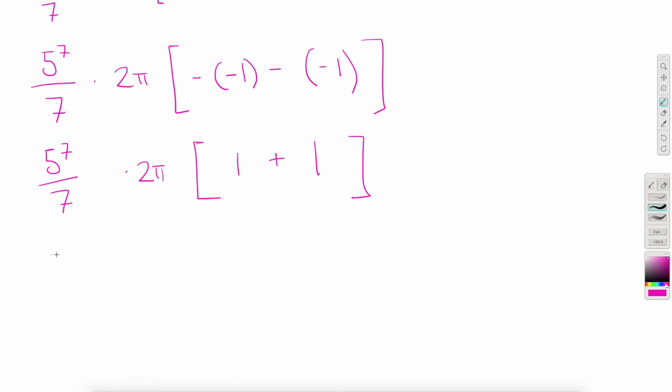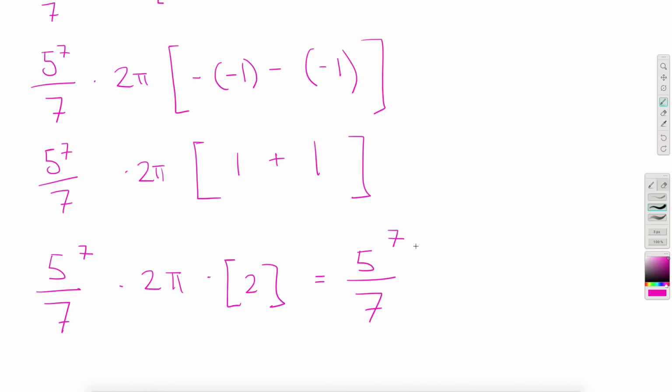So our final thing is 5 to the 7 on 7 times 2 pi times 2, which equals 5 to the 7 on 7 times 4 pi. And that is the answer in the back of the book.